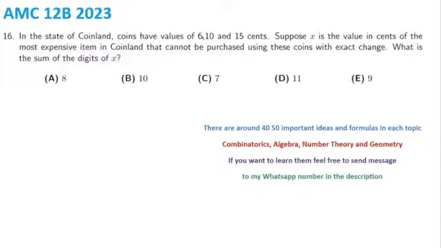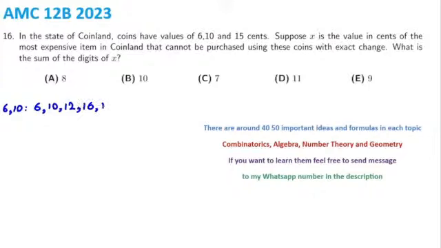Okay, so 6 and 10. If we consider 6 and 10, let's see, what can we create first? We can create 6, then we can create 10, we can create 12, 6 plus 6. 14, we cannot create that. 16, we can create, 6 plus 10.